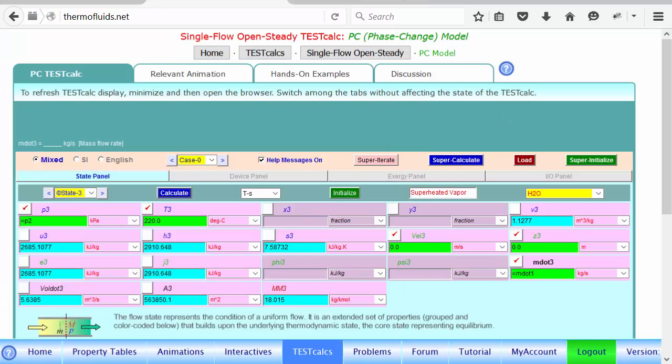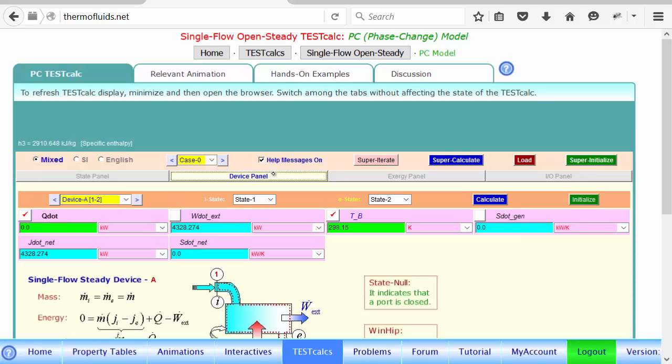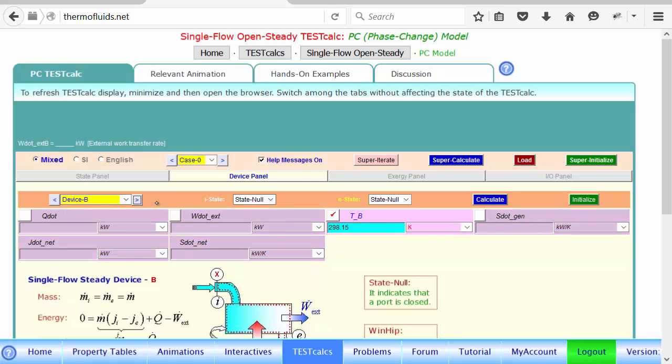Going back, we found the enthalpy here to be 2910, which is pretty close to our manual solution of 2900. And finally, in the device panel, we select a different device, device B, as the actual turbine. State 1 is our inlet, and state 3 is our exit. No heat transfer. The turbine is adiabatic, insulated, and 3818 is our external work.